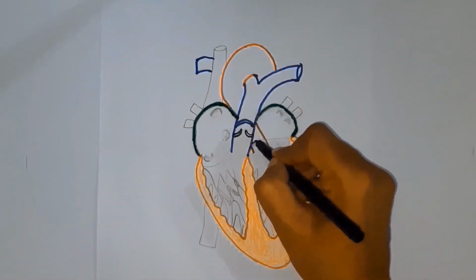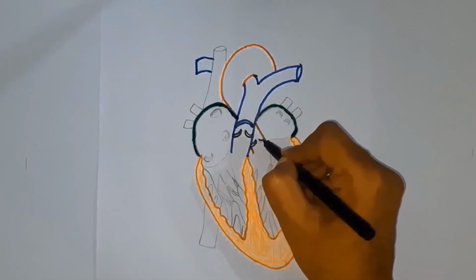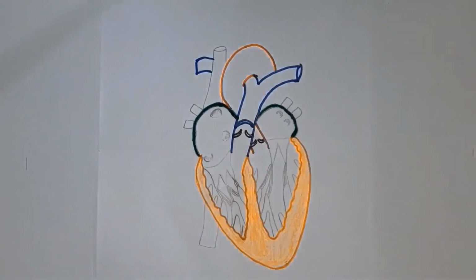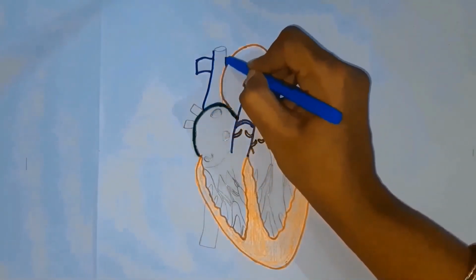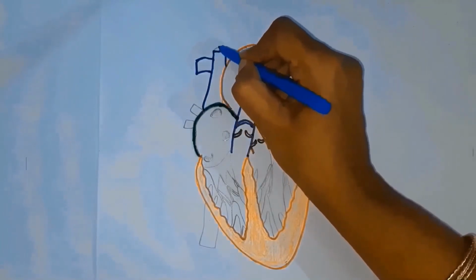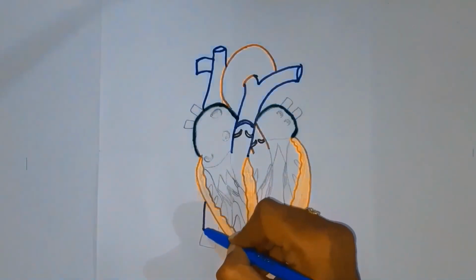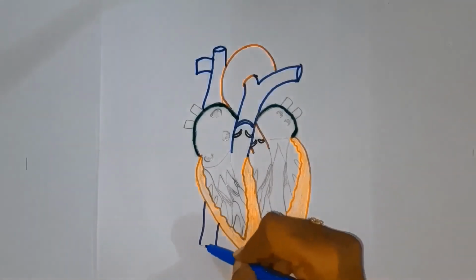These are pulmonary valves. These are aortic valves. This upper larger vein is precaval vein. Lower one is postcaval vein.